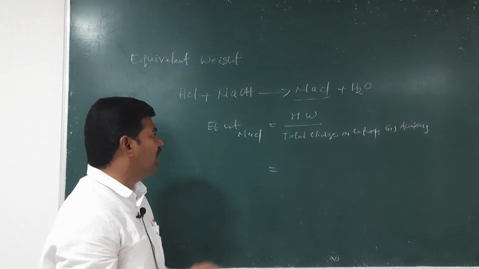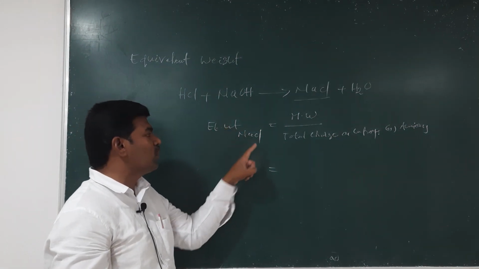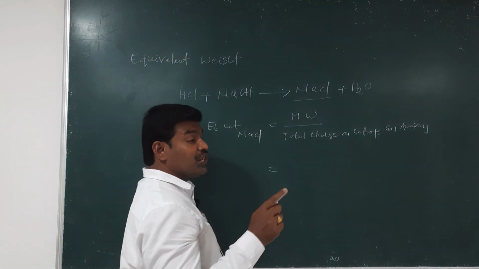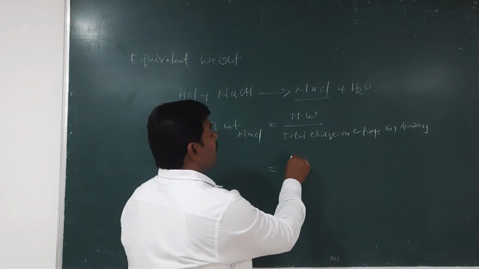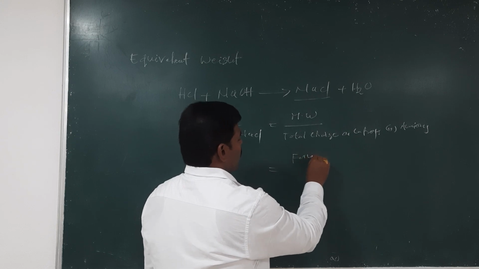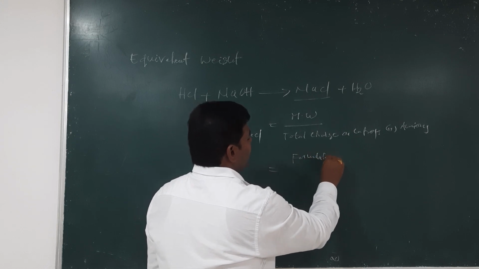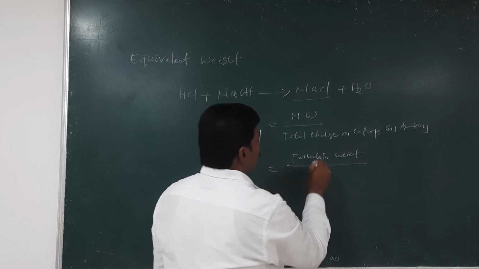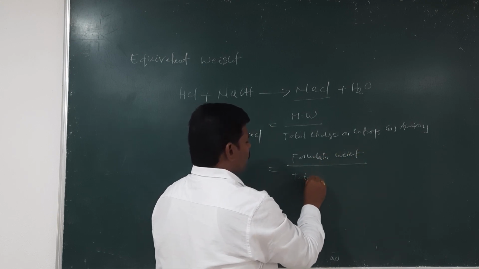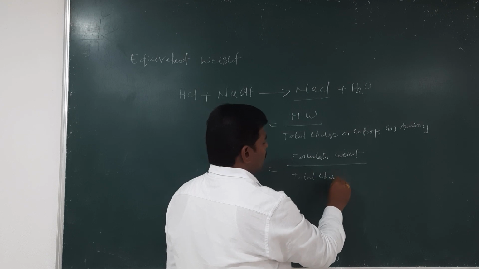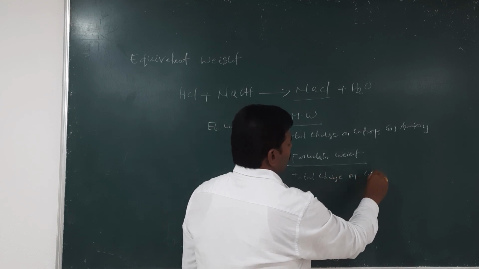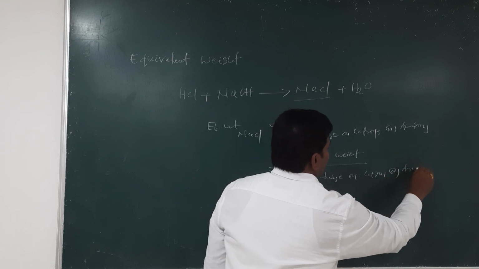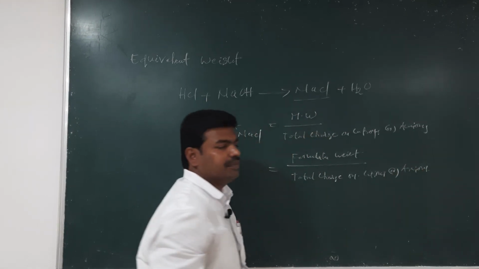So for the equivalent weight of sodium chloride or of salts, we should write formula weight by total charge on cations or anions.